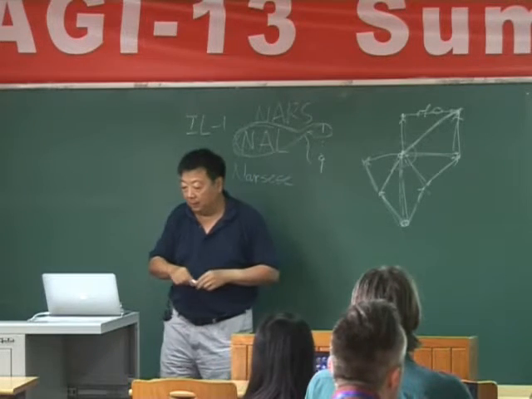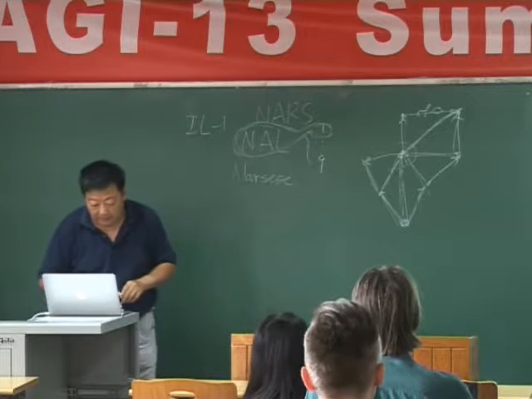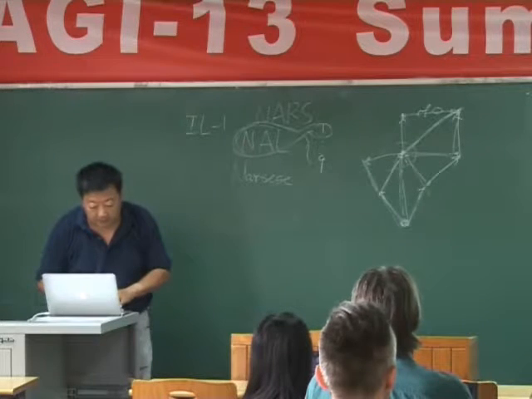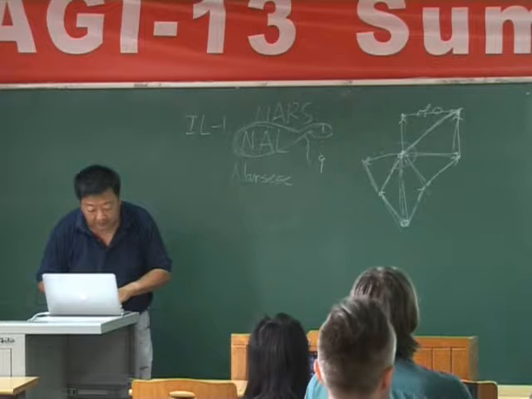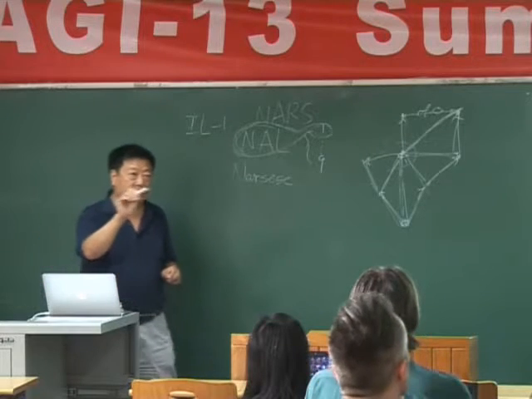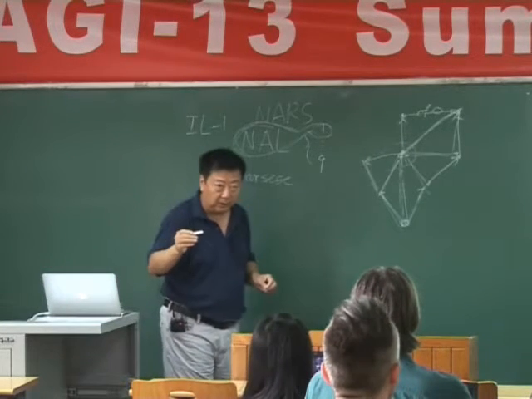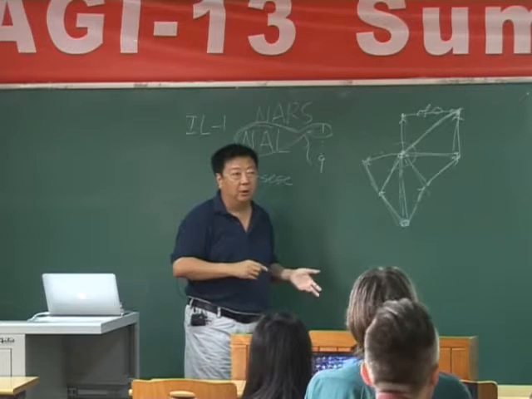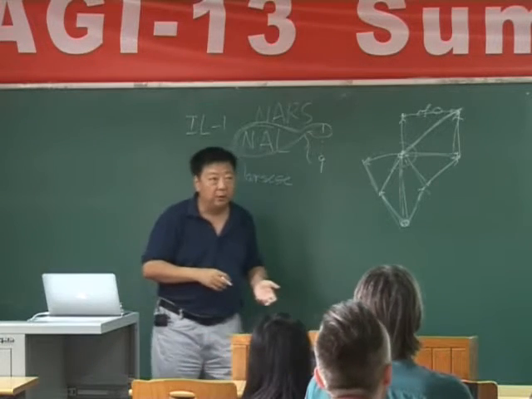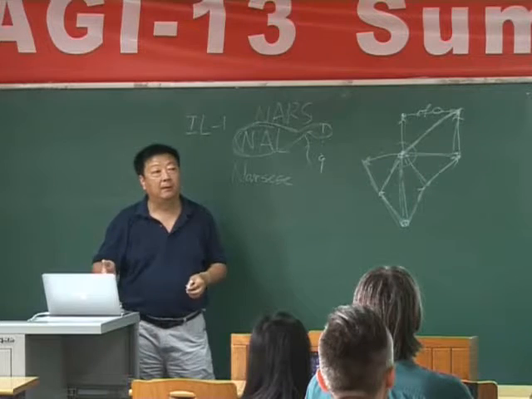So the basic idea is that NARS is designed to be an adaptive system, which means it cannot expect the user to provide all the knowledge, all the control knowledge, and it has to learn by itself.